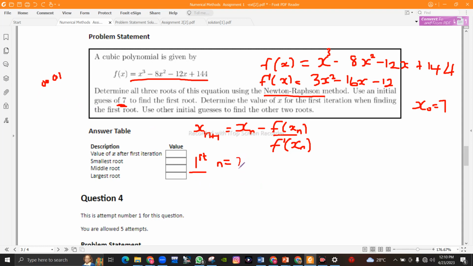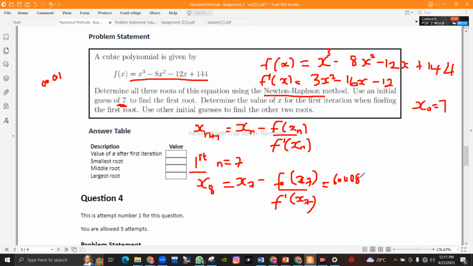When n is 7, we're going to have x8 equal to x7 minus f of x7 divided by f prime of x7. What's our x7? Our x7 was 6.008563.